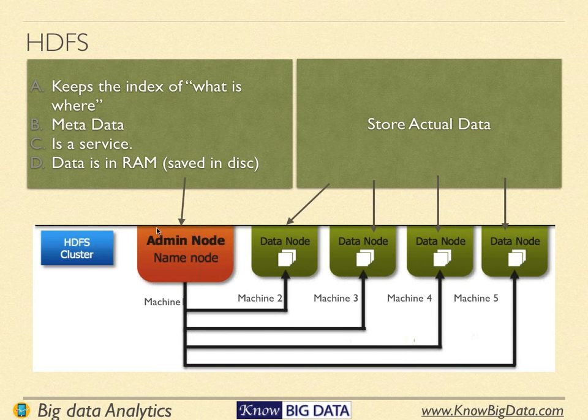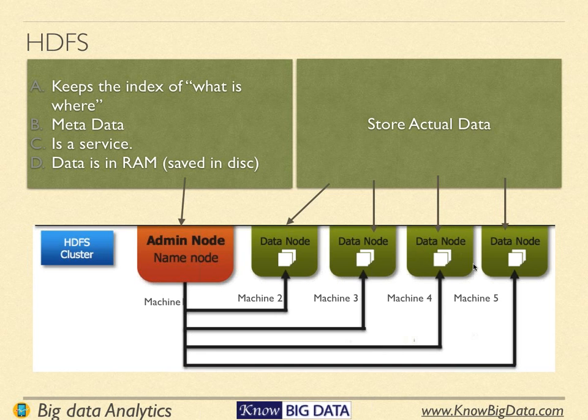Now this admin node is like an index. It keeps track of which file is where. While there are many data nodes, in case of 100 computers, we will have 100 data nodes and one extra computer dedicated to the name node.